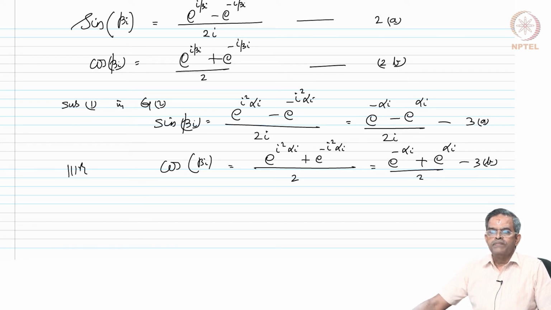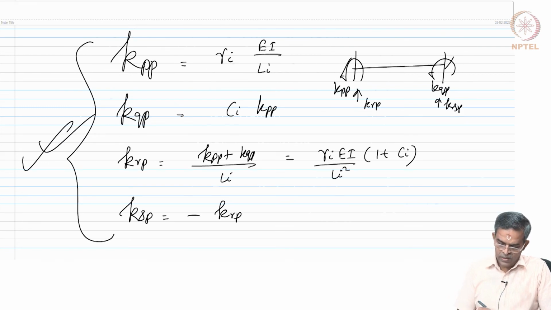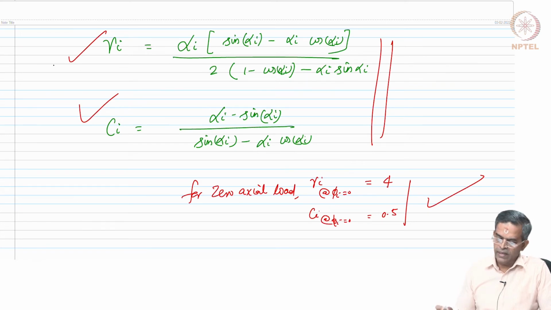Now, we want to give rotation constants at the jth end. Let us work out the rotation constants. We already have them with us. We just now wrote them also. We have rotation constants Ri and Ci.